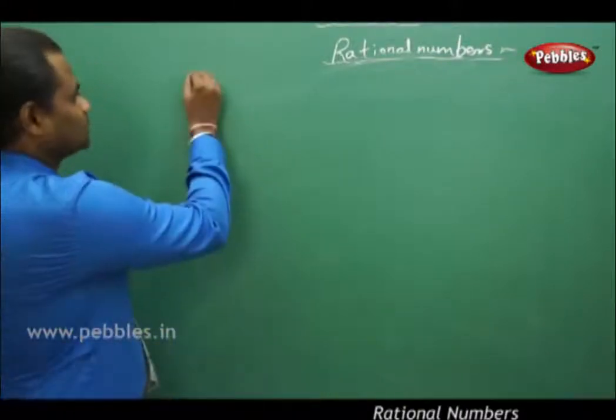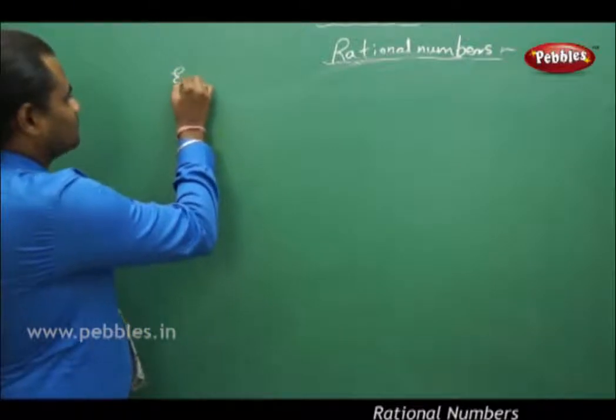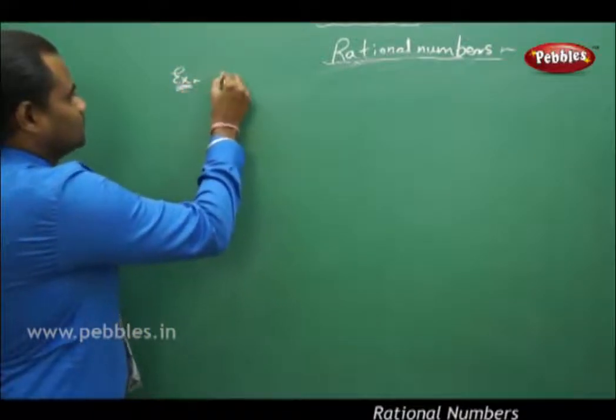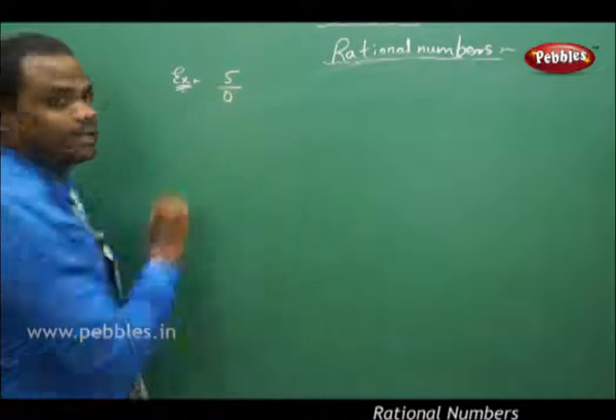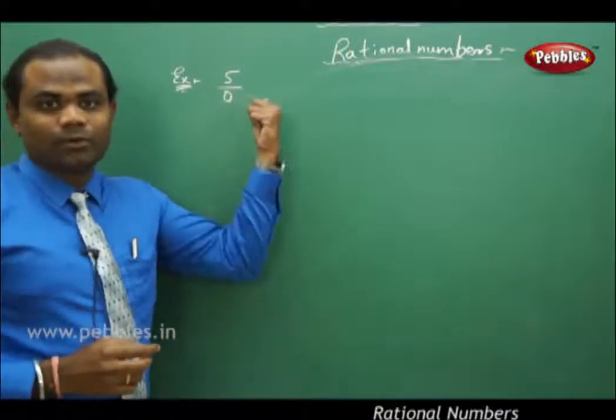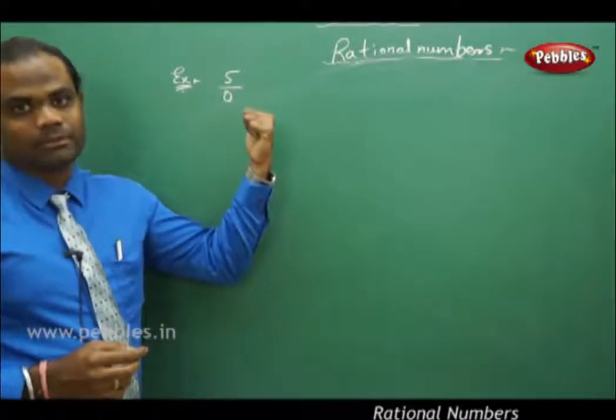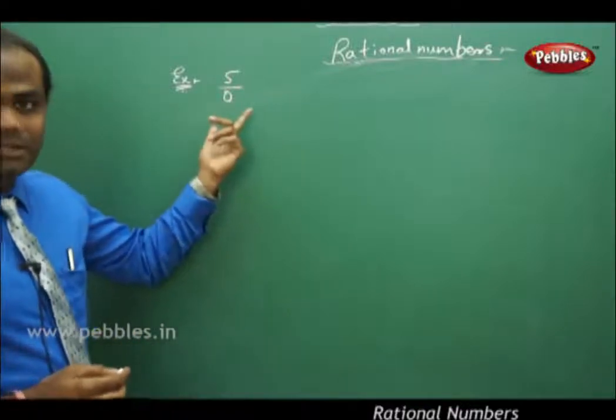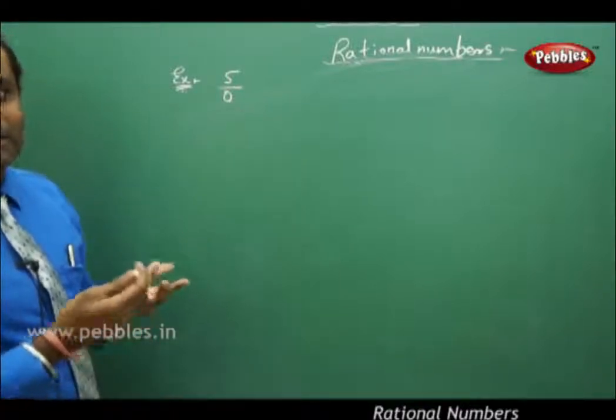So coming to the continued example, is 5 by 0 a rational number? This is very important in understanding rational numbers. I've taken this as a special example to understand what exactly q is.